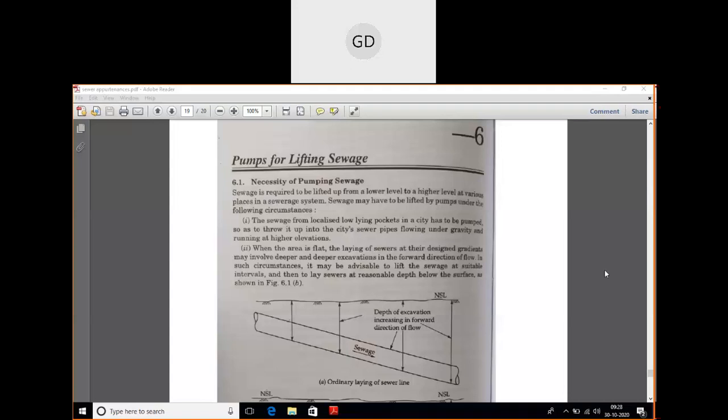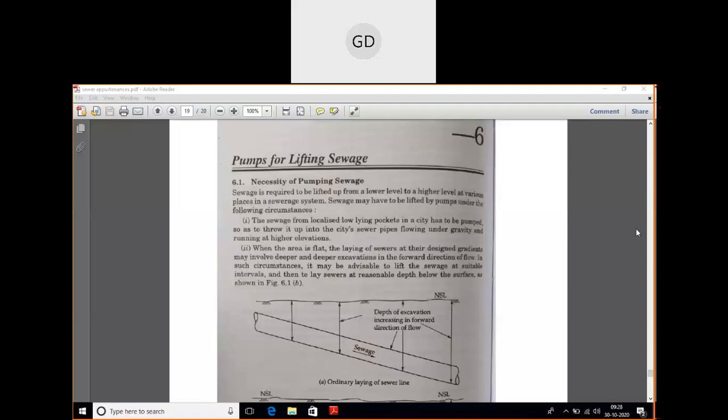In that type of situation, it is advisable to lift the sewage at suitable intervals so that you can lay the sewer at a reasonable depth below the ground surface.